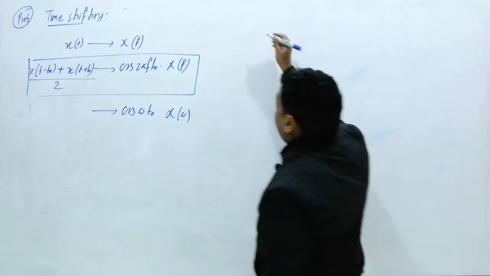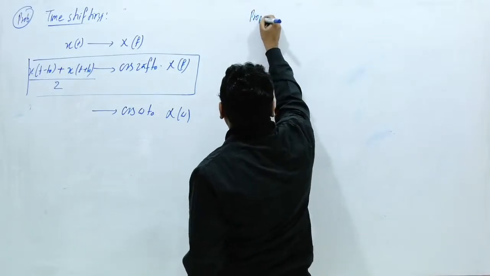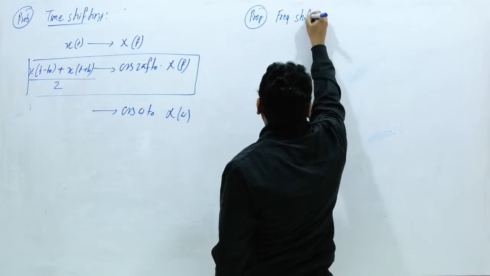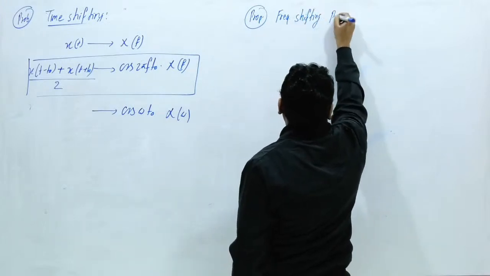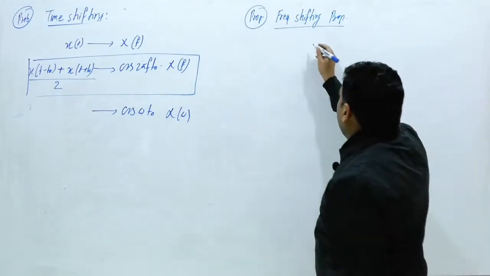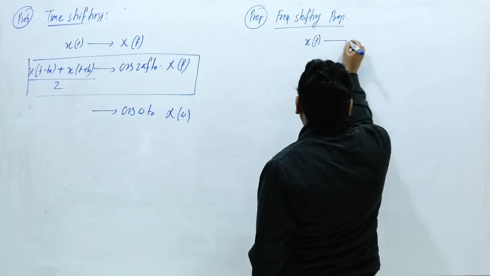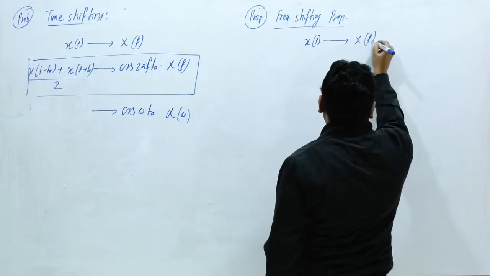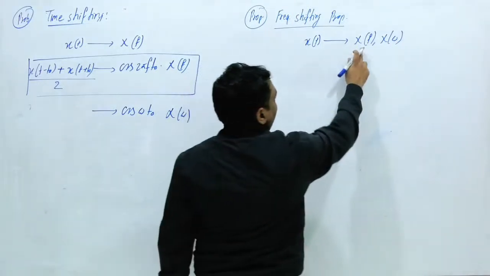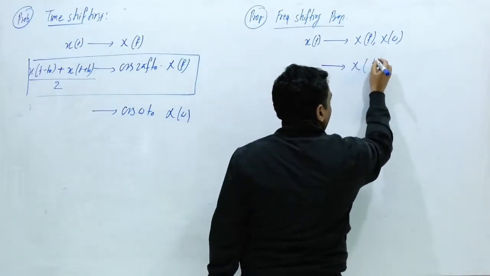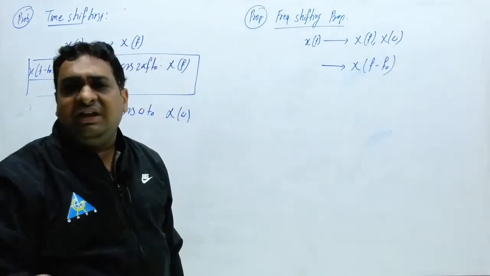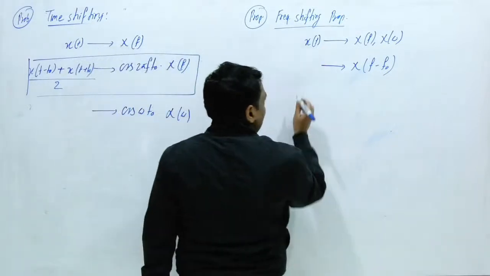Suppose x(t) Fourier transform is X(f), or you can say X(omega), and I want to shift this frequency. If it is shifted to f minus f0, you can also write f minus fd, anything, then what will happen on the left side?